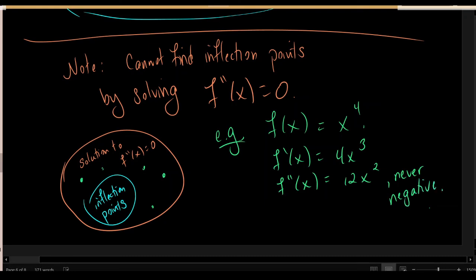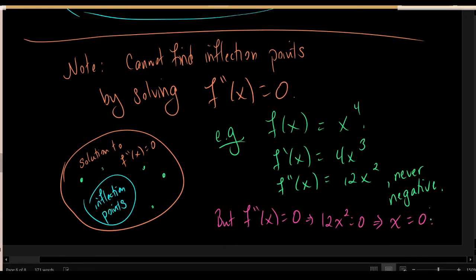Because 12x squared is never negative, it's not possible for the concavity to ever become concave down. Nevertheless, there is a solution to second derivative equals 0. This is achieved when x is equal to 0.